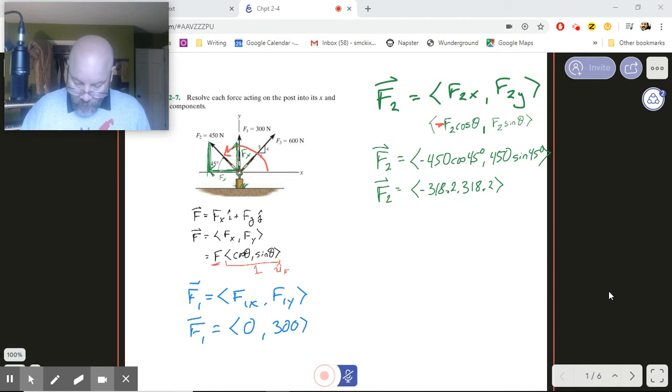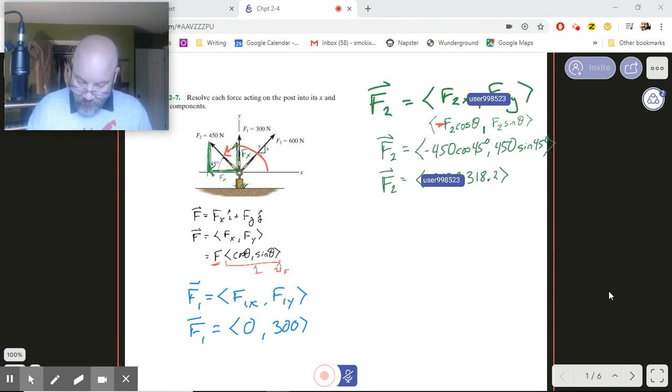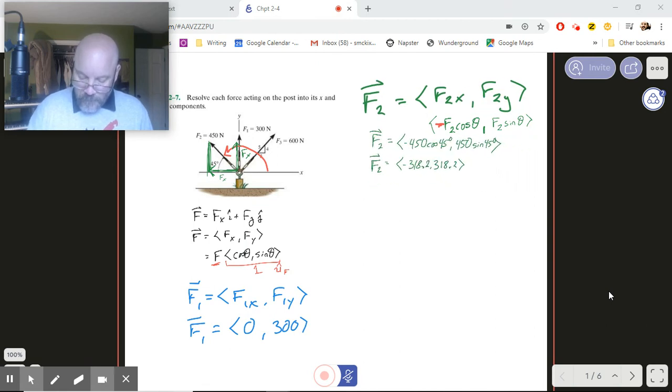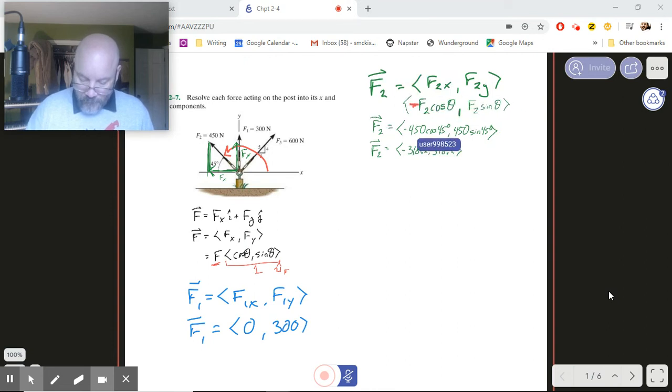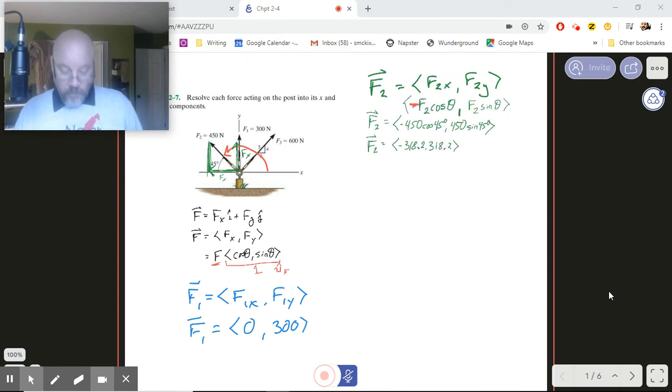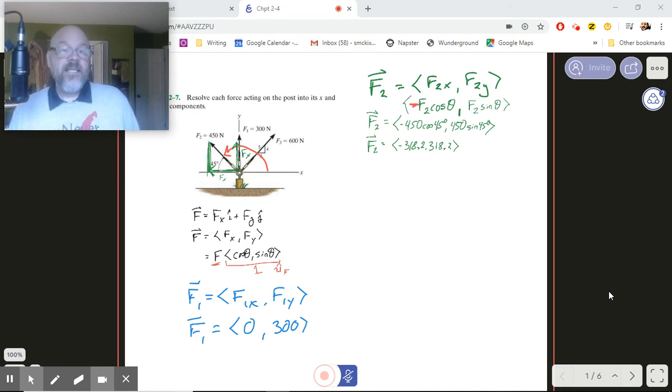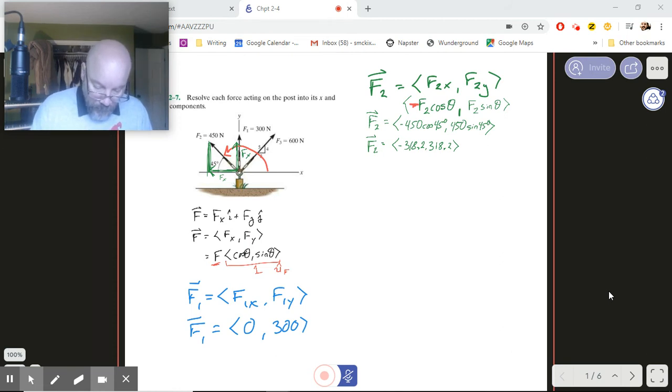Okay, so I am going to see if I can make this a little bit smaller. Kind of worked. Move it out of the way just a little bit. There we go. Now I'm going to switch colors for this last one. Okay, so F3. I need to get rid of my arc.